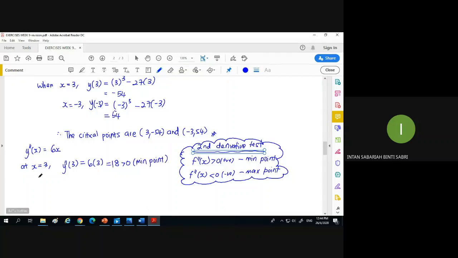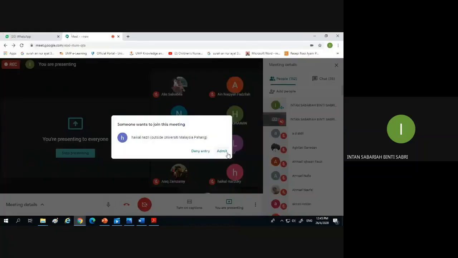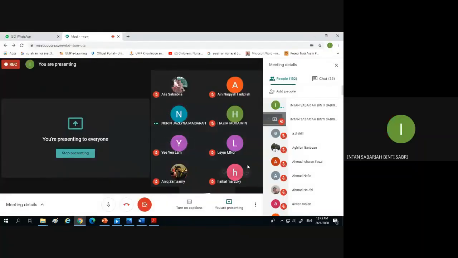Okay, so at x is equal to negative 3, daripada mana dapat? Daripada you punya critical value. So y double prime negative 3, so 6 times negative 3, so equal to negative 18, which is less than 0. So opposite dia adalah maximum point. Okay, you got it? Yes. Okay, good.